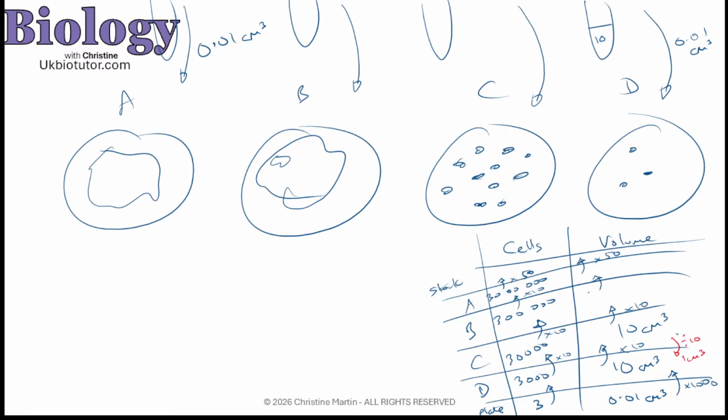Let's see if I can get the calculator on here and work this out. So I had, what did I have? 3 million. I would have ended up with, in my stock solution, 150 million.